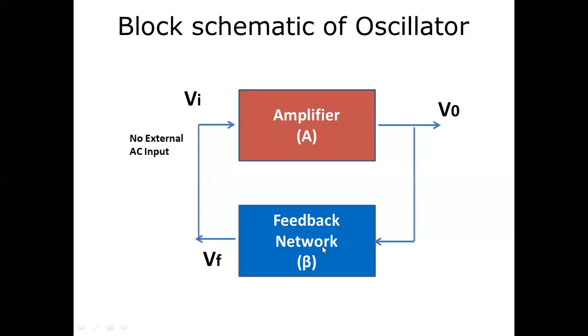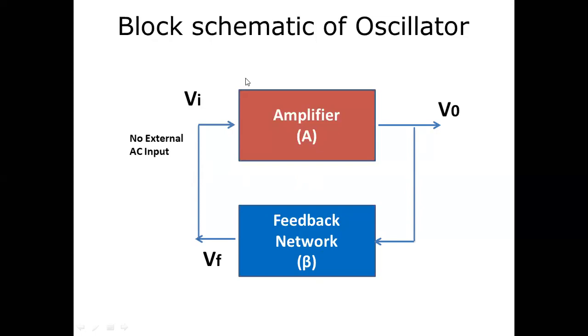The feedback network takes its input from the output voltage. So Vf is the output of the feedback network, Vf equals beta Vo, which is directly connected to the amplifier.